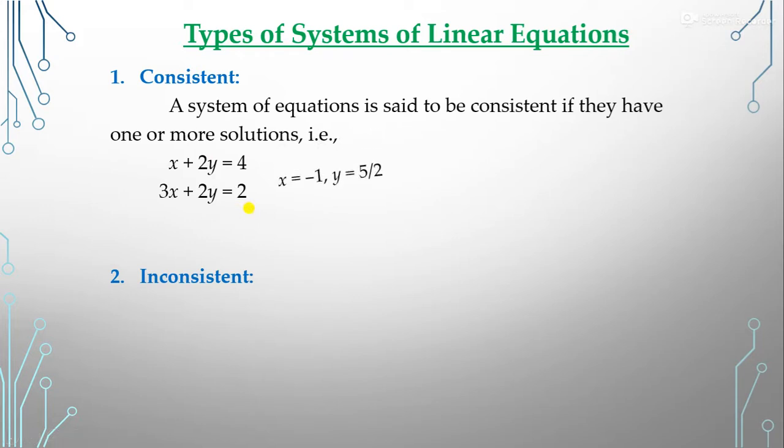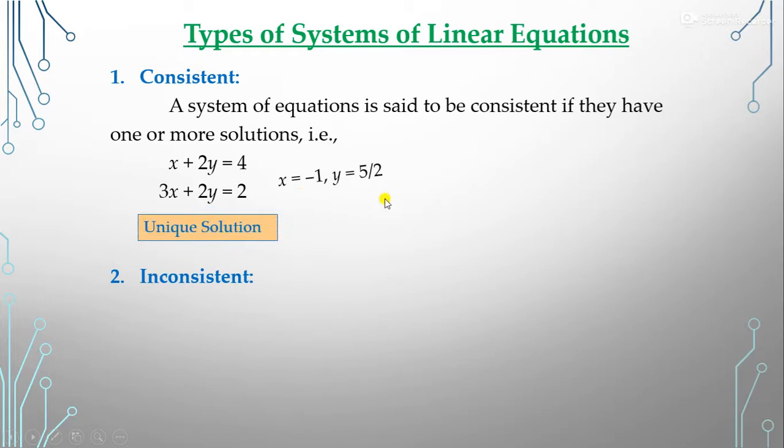Try it in your notebook: x is equal to minus 1 and y is equal to 5 by 2. So which type of solution is this? This is the unique solution.